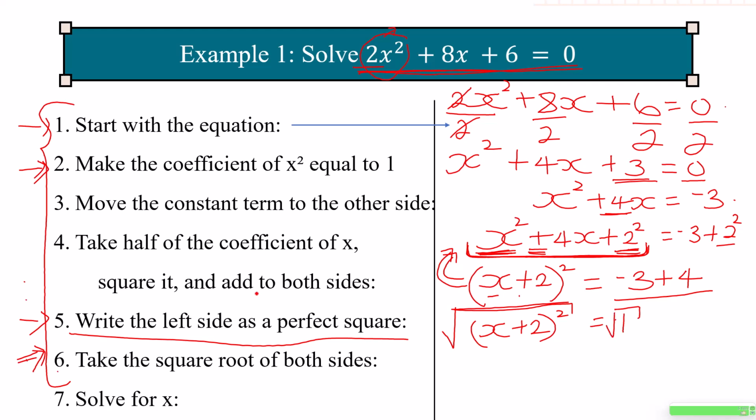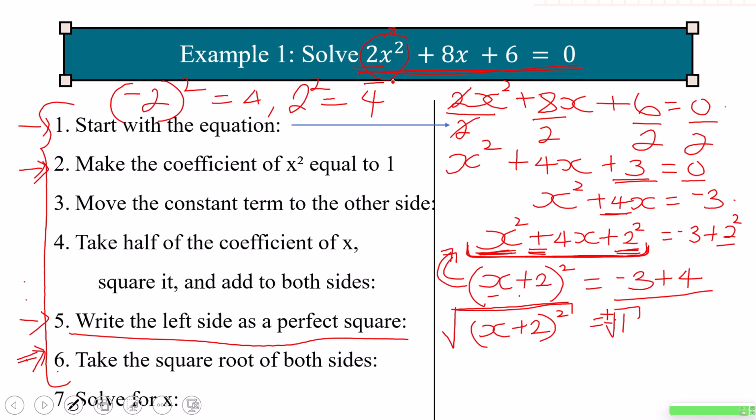And whenever you take square root, you must put a plus and a minus, meaning that when you square a positive number and when you square a negative number, you get the same values. For example, negative 2 squared is equal to 4, and positive 2 squared is equal to 4.